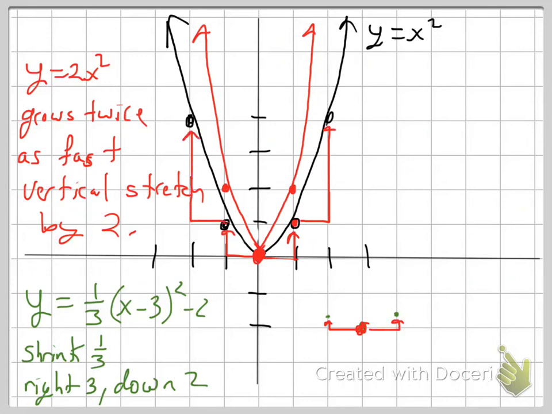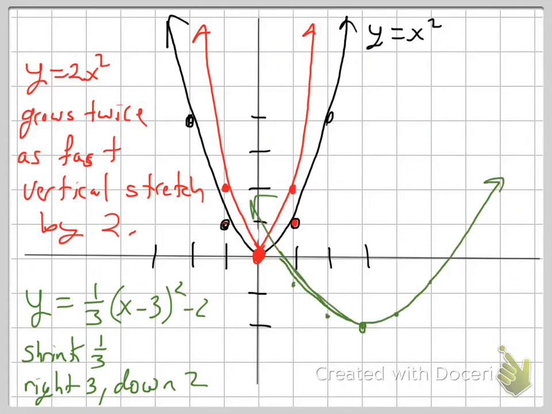So that's going to be shrunk a bit too. So let's go ahead and draw that in. And that would be a shrink. So you notice how we kind of squish it down so it's not growing quite as fast.